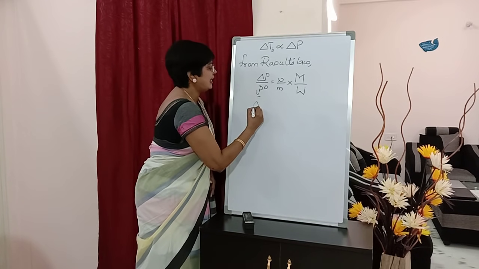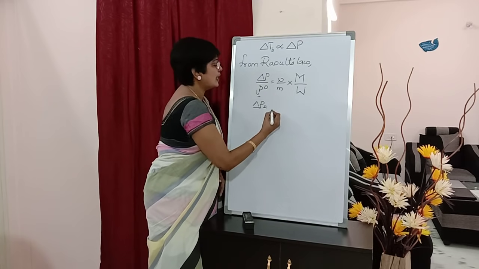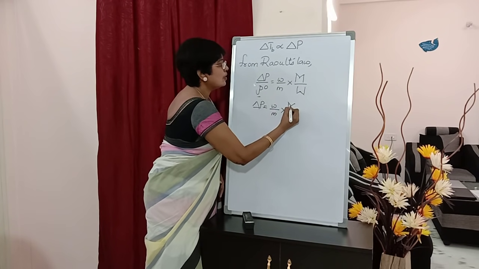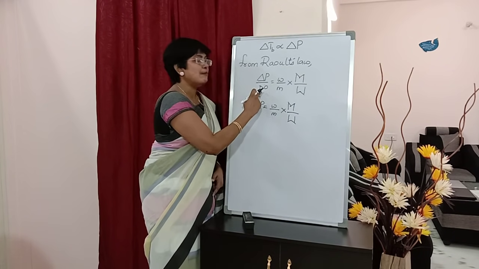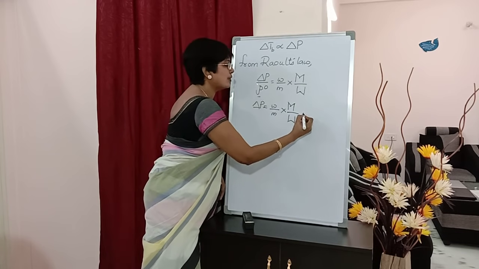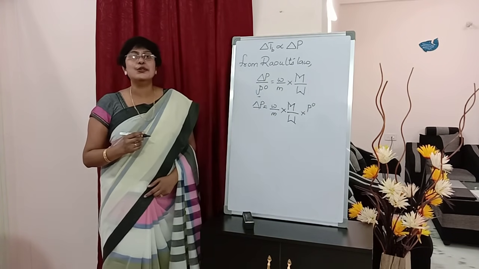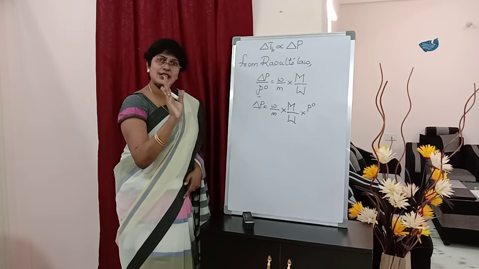So, delta P is equal to small w by small m into capital M by capital W, and now I am bringing this P naught to the right side, so into P naught. Now it is in the numerator. Fine. Understood till here, students?